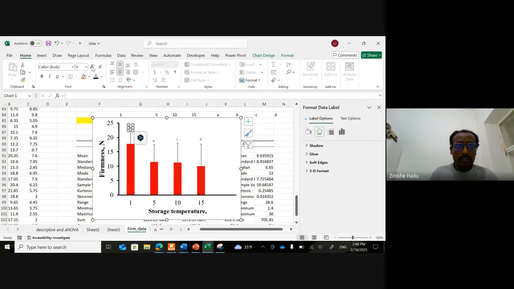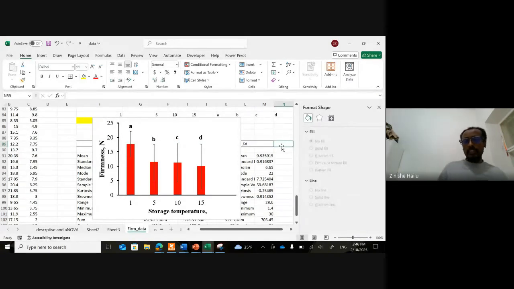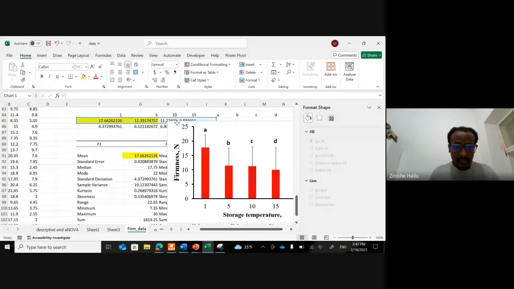And so you can increase the size, as bold. Okay. Bold. So like this, you can present or report your result like this. This is the basic statistics.